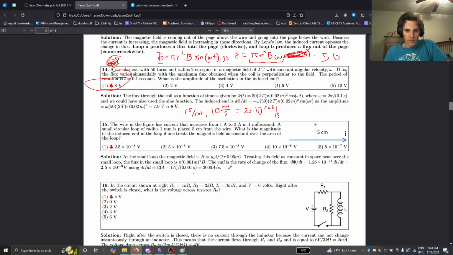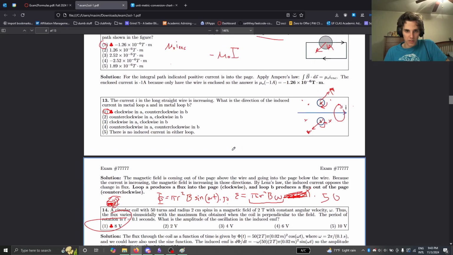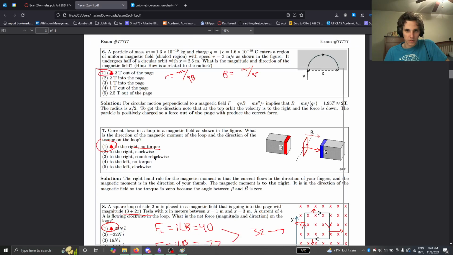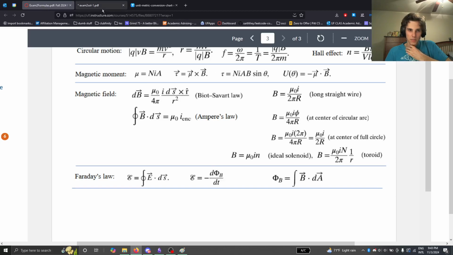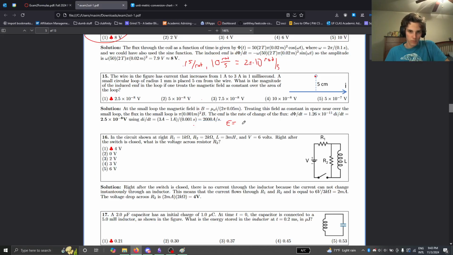So the way I like to look at flux, you want to assess a few things. Is the B field changing? Here, I'll give you a hint. Yes, the B field is changing, so I'll do dB over dt. You ask yourself, is the area changing?